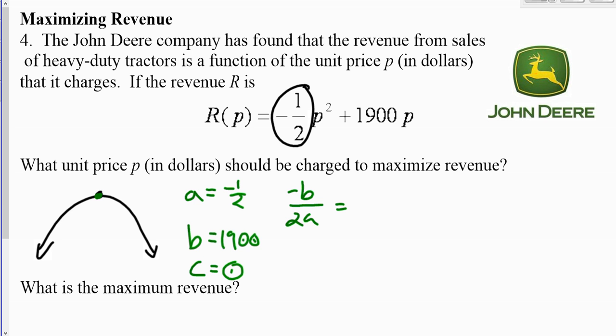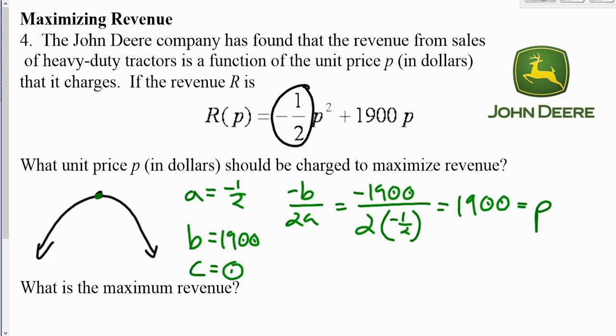Well, negative b is -1900 over 2 times -1/2, which is just going to simplify to 1900. So that's my x value. So that's the unit price that should be charged to maximize my revenue. This is equal to the P for the unit price, so charge $1,900.